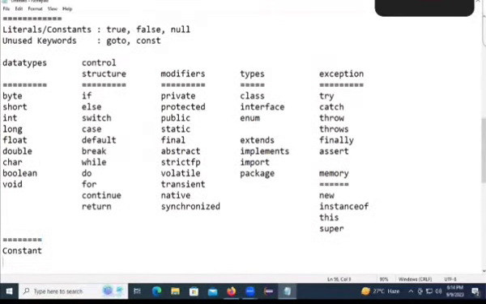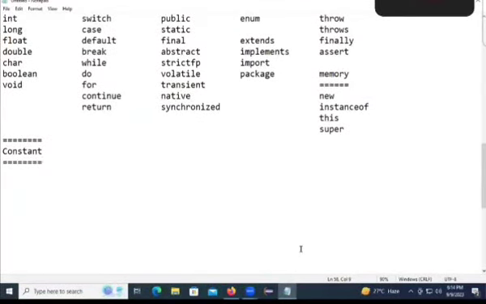Constant. Constant is what? Just the opposite of a variable. A variable is a container that contains a value. What it contains, that is a constant.